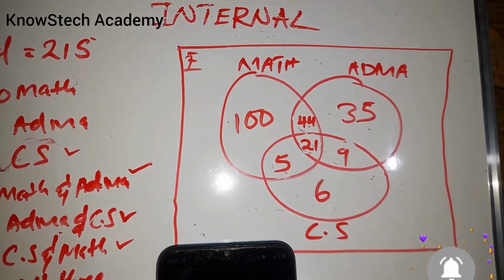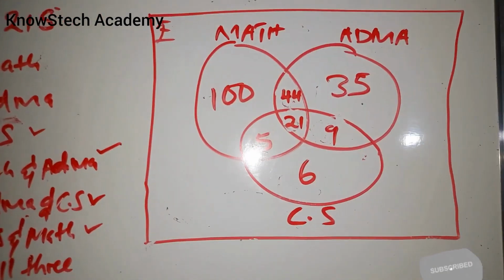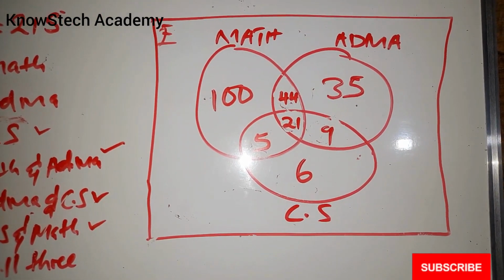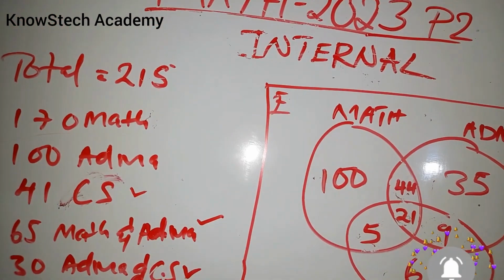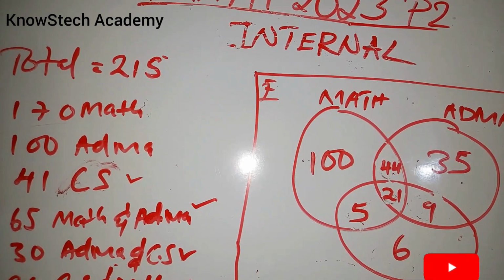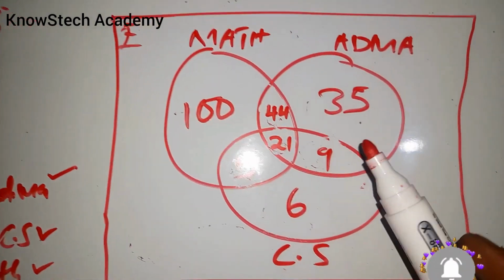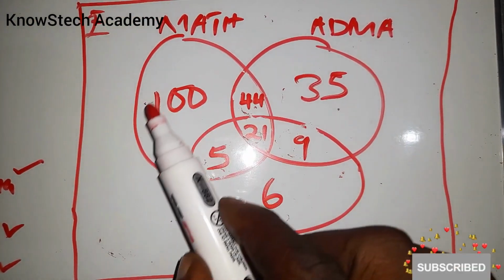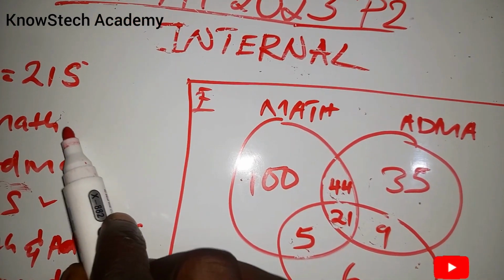Let me just calculate again. Okay, so when you add all the numbers, it's giving me 220, which is not equal to this one. So this is the most common mistake that usually most students make. So make sure that you go through. When you add, this is giving 170, which is equal to total number of mathematics teachers.